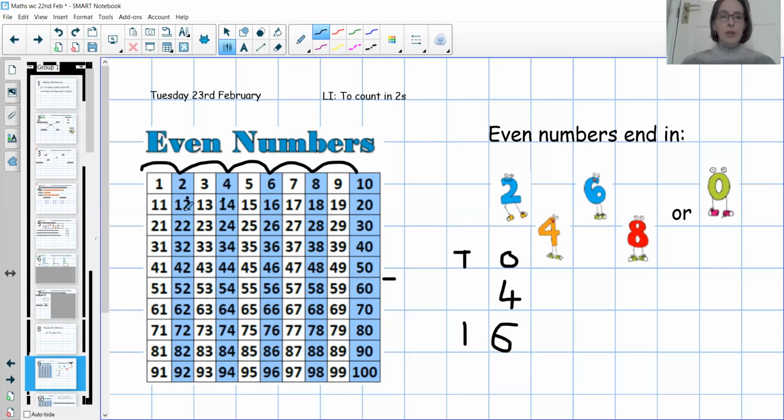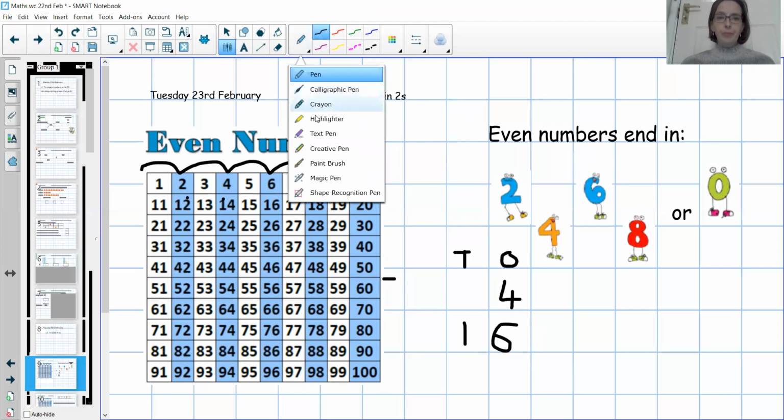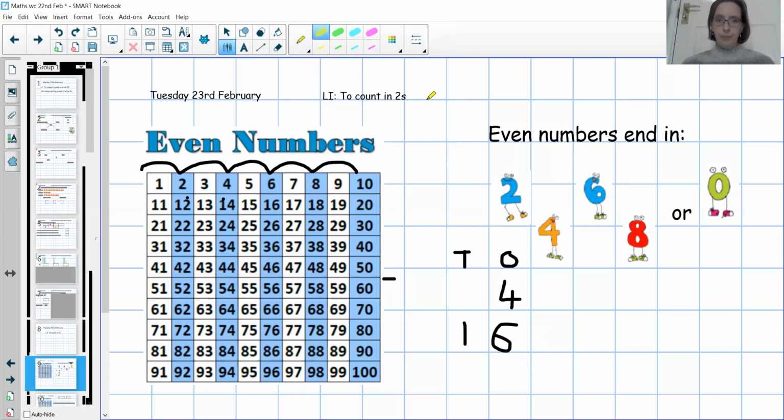Have a look at these numbers that are highlighted blue. Can you see any sort of pattern in that ones digit in every single number? Pause the video and have a look. Okay, so hopefully you've looked down here. Look, can you see in this column, the ones digit is always a 2, okay?